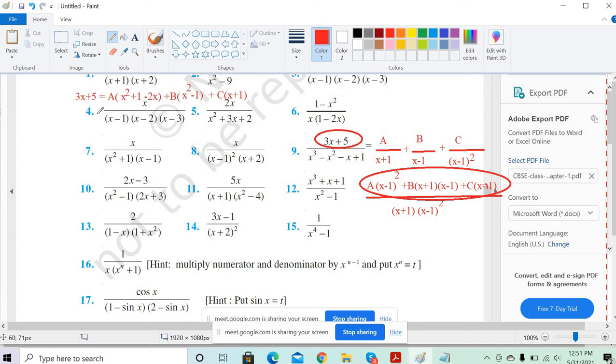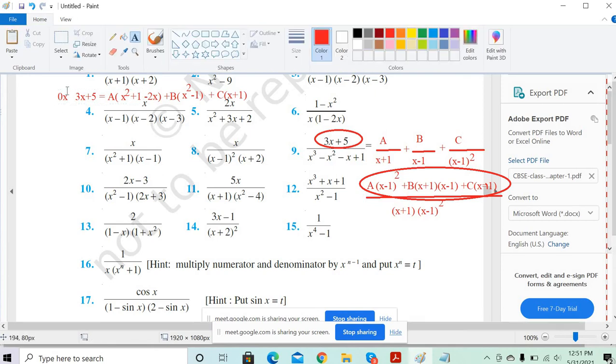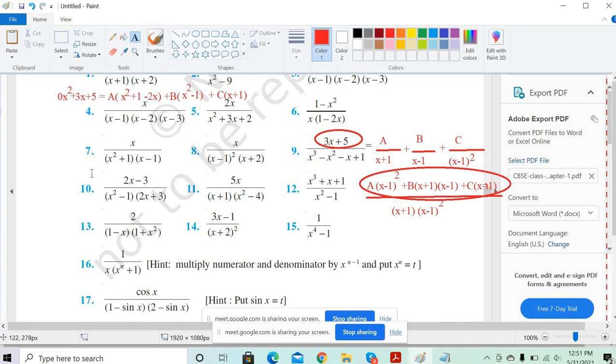Yes, sir. Okay, now we'll map it now. What is the x square coefficient here? Is there any x square coefficient here? Nothing. So it will be 0 x square, right? Now look at the coefficient of x square here. A is there, B is there.